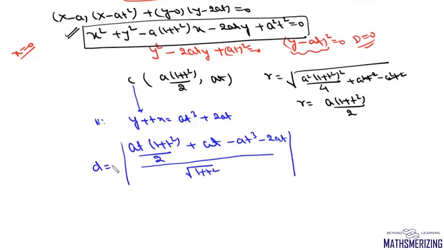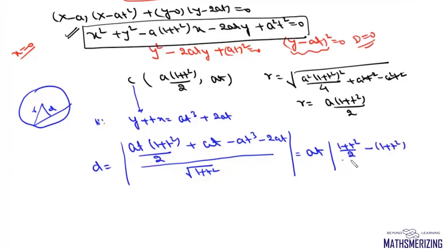So this is d. So we have this circle, and we have this perpendicular distance d, and we also have the radius. So we'll simplify it. We'll take at common. So we'll get at, and here it will be (1 plus t square)/2, and here it will be minus (1 plus t square) upon under root of 1 plus t square. So this distance d will simply be at into under root of 1 plus t square by 2.